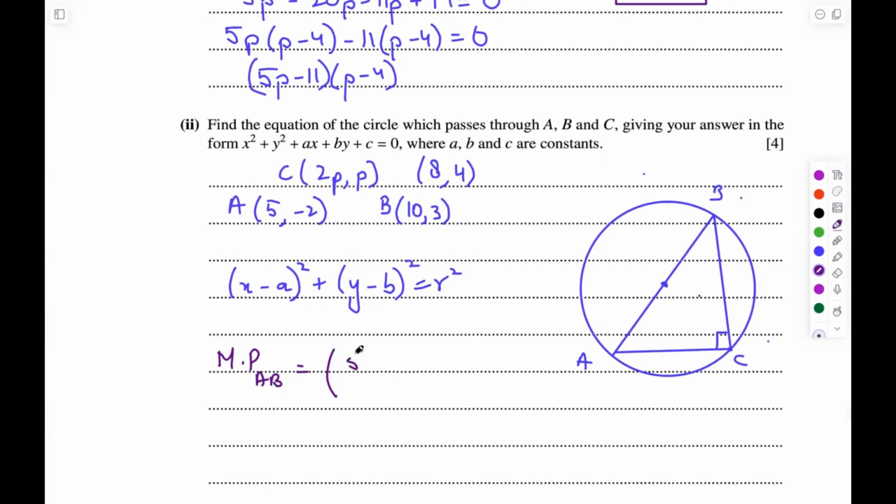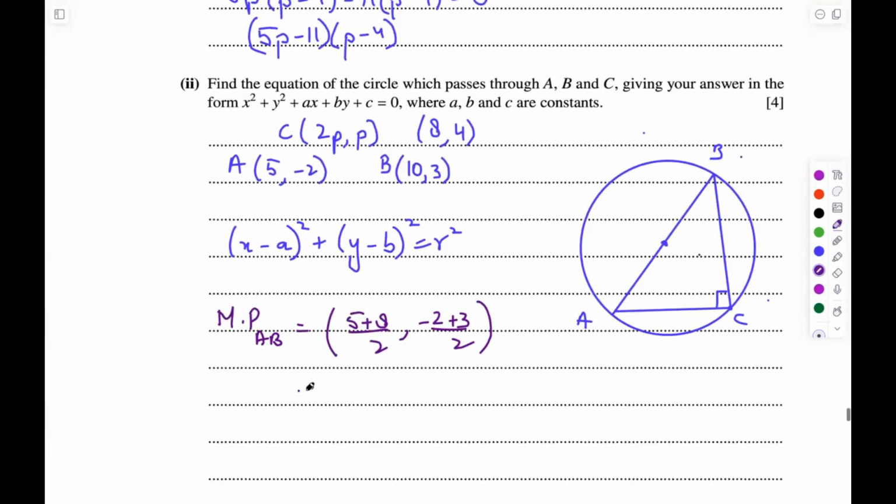So that will become 5 plus 10 upon 2, comma minus 2 plus 3 upon 2. So we'll get 15 upon 2, comma 1 upon 2, which will be the coordinates of the center of the circle.